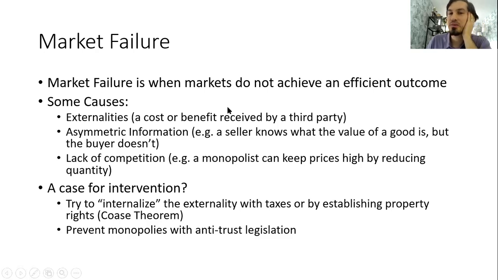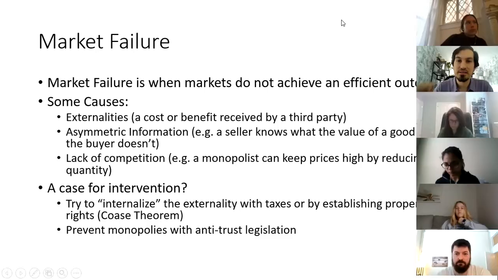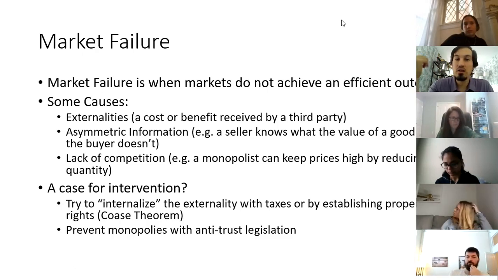Asymmetric information, I don't want to spend too much time talking about it. But it is a form of market failure that comes from the fact, not that there isn't enough information, but certain people may have access to information that other people don't. And because of that, let's say I have a used car and I know that it's worth $5,000 to you.